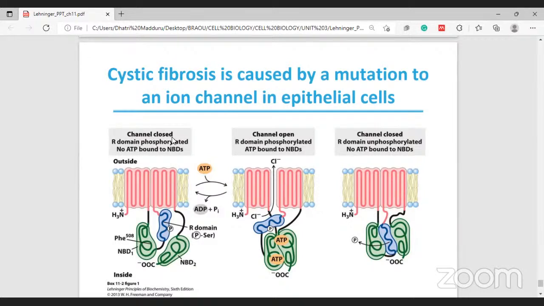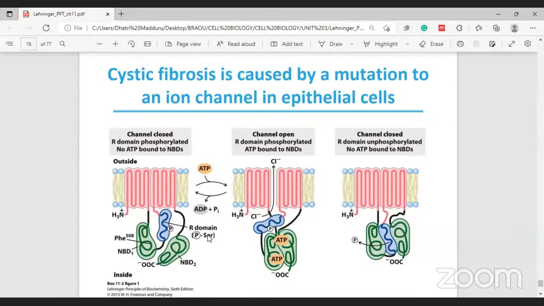The channel is closed and the R domain is phosphorylated. When the R domain is phosphorylated, no ATP will come and bind. Okay, so this is the R domain, here at the bottom. And when ATP is hydrolyzed, the channel gets opened, ATP molecules come and bind, and the chloride ions are passed outside.